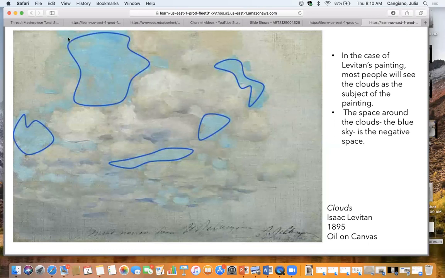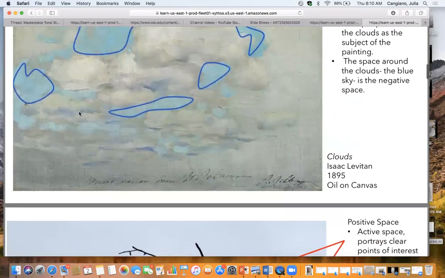So he put negative space in interesting sort of patterns, or kind of spread it interestingly throughout the canvas. But of course, I think it would be fair to say that you could argue that the sky is the positive space and the clouds are the negative, but I think for the most part, people would agree that the clouds are positive and the sky is negative.